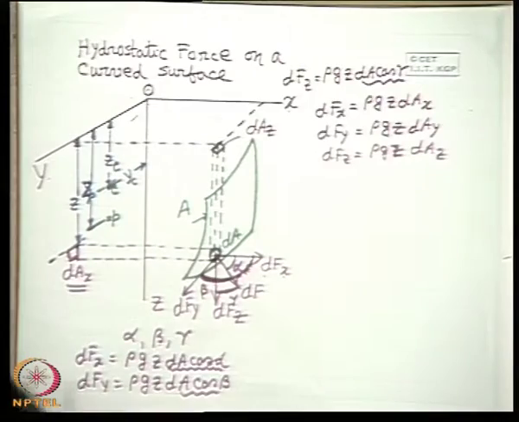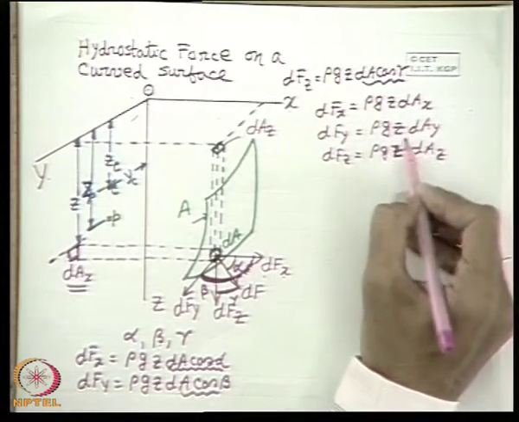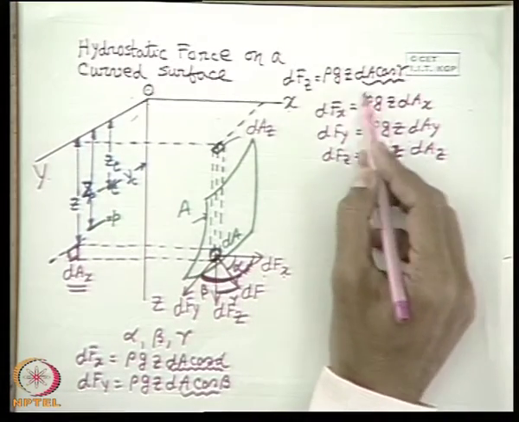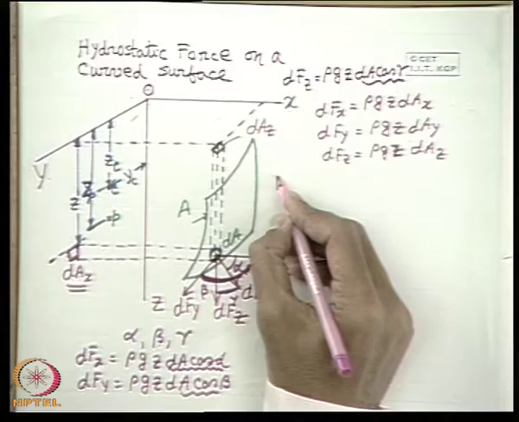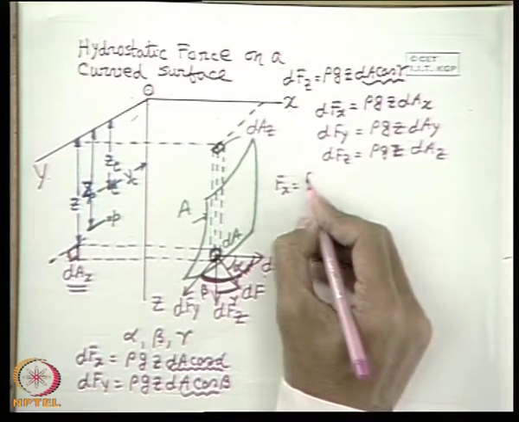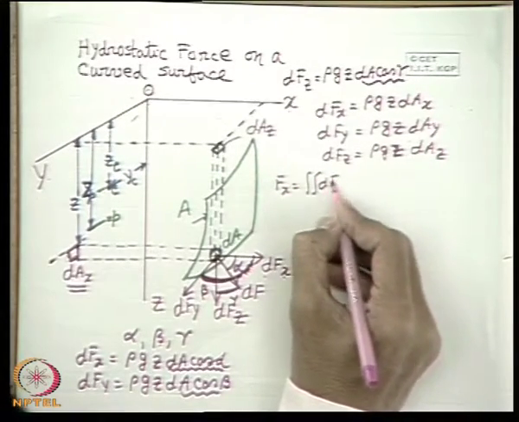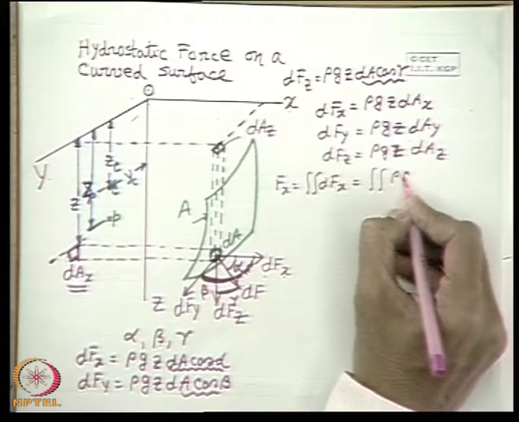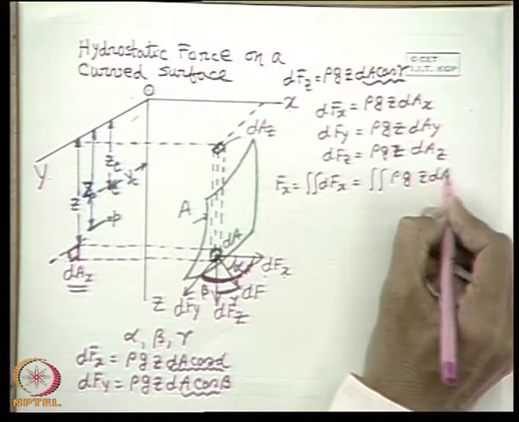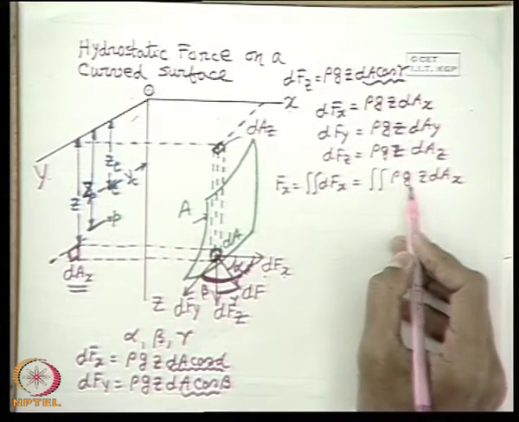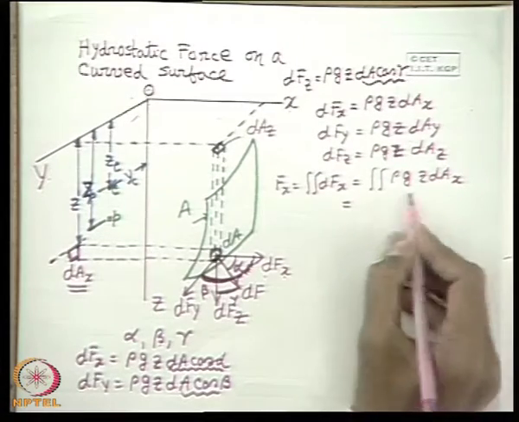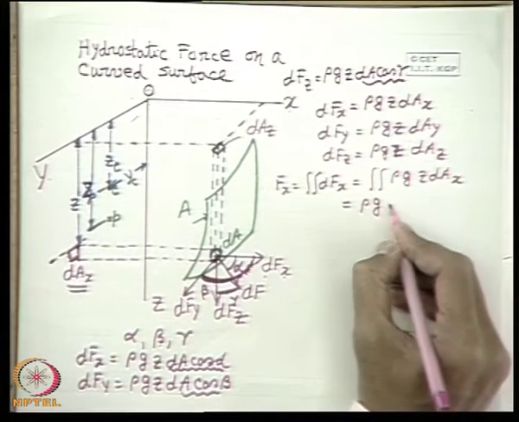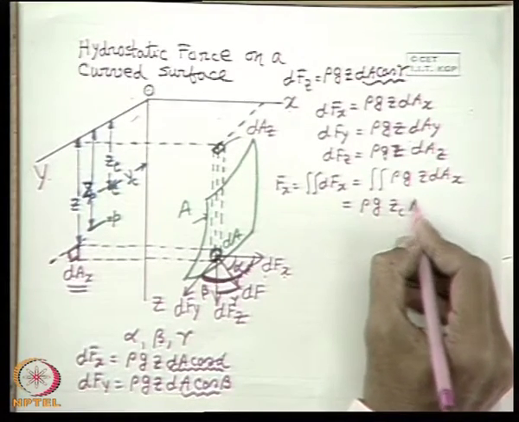Now you see that if we integrate the different direction component forces of this elementary force dF, we can make a scalar sum. That means Fx is the double integration of dFx, which is rho g z dAx. Now you can recall this can be simply written, considering a force on a plane surface, as rho g zc into Ax.